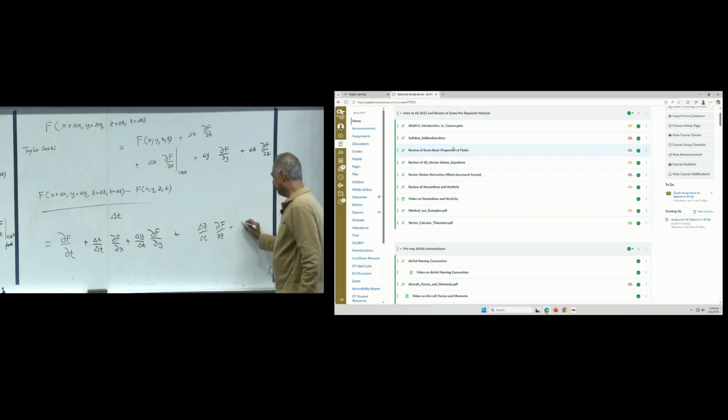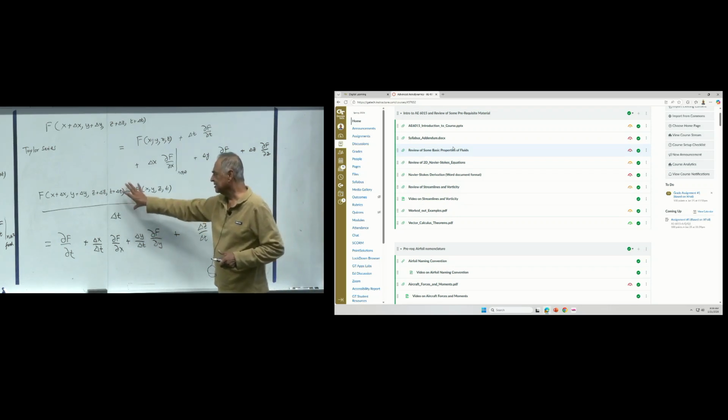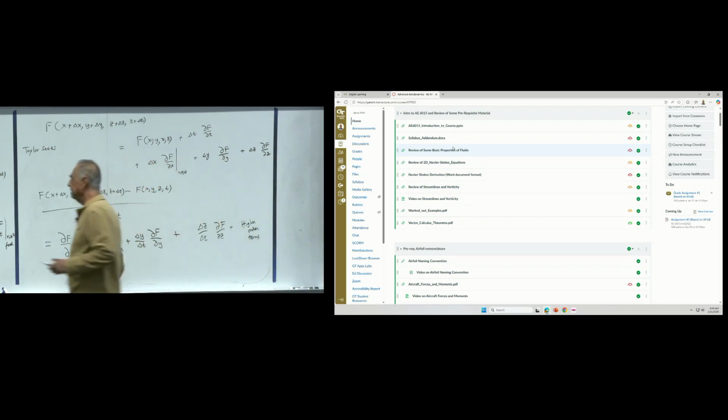And just to make the math professor happy, we can say higher order Taylor series terms: delta x squared, delta y squared, and so forth, delta x times delta y, and so forth. Since I had to take my calc three times, I don't remember what these terms exactly look like, but I do know the first leading terms. This is what we do. Now, as delta t goes to 0, this becomes a derivative. I'm going to erase this a little bit to make some room.